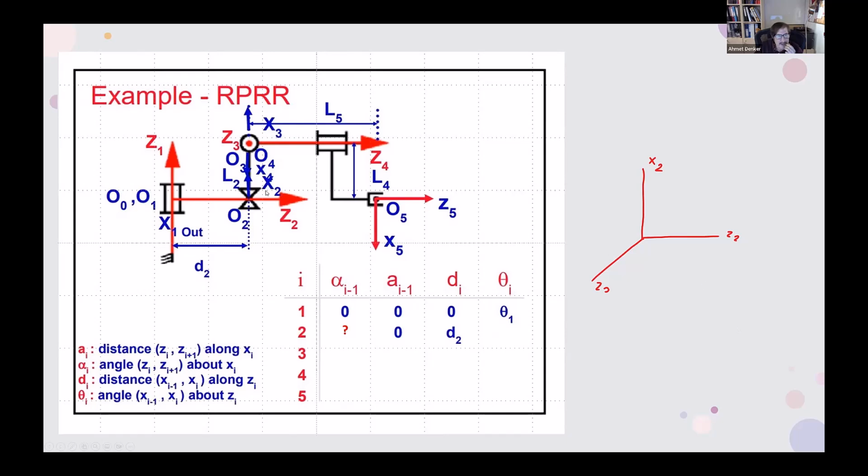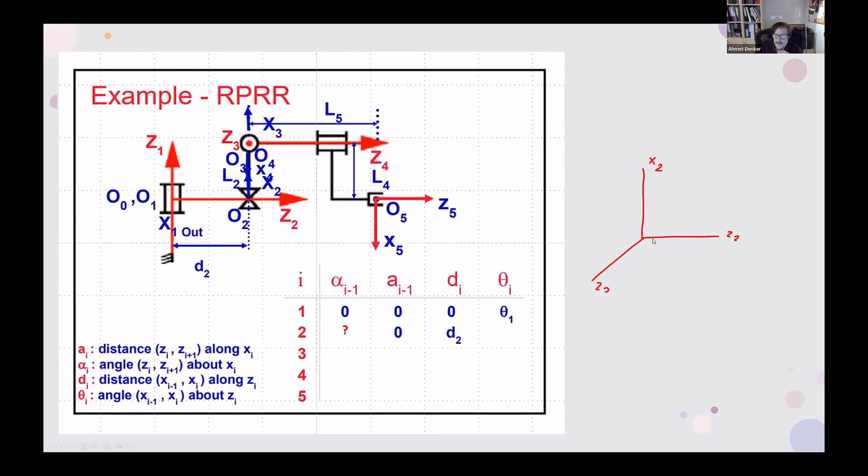So X2 is here. Z3 is coming out of the paper, as you see here. Z2 is in this direction here. So if I write it here, obviously I see a 90 degree angle.